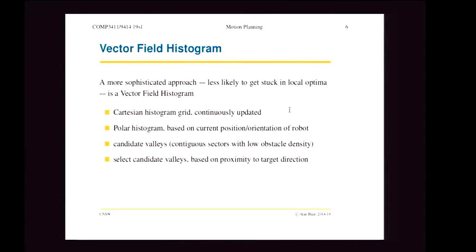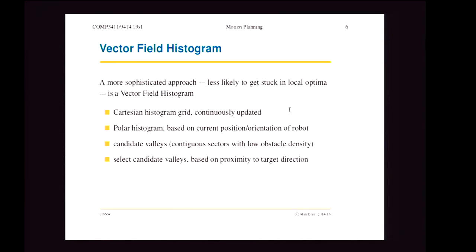So then we get to a slightly more sophisticated model, which is called a vector field histogram. We have a Cartesian grid, as we showed before, that's in rectangular coordinates, but we also maintain another version which is in polar coordinates.